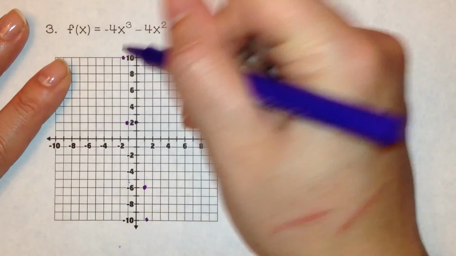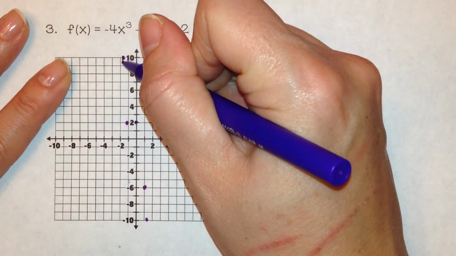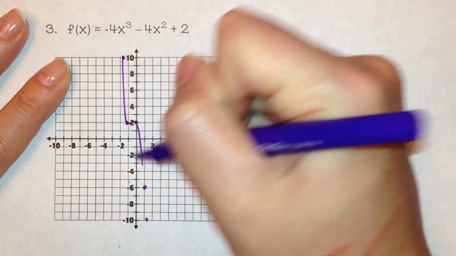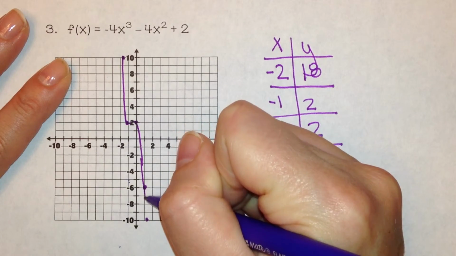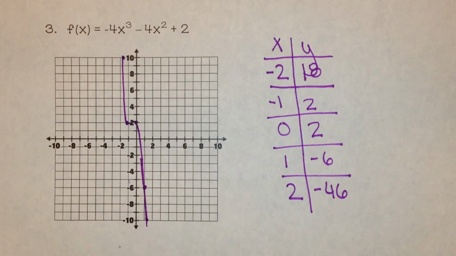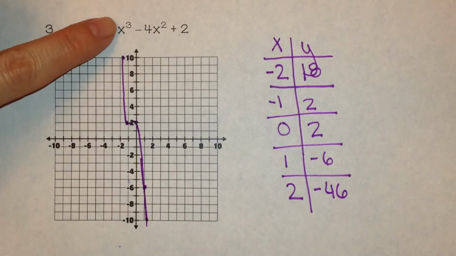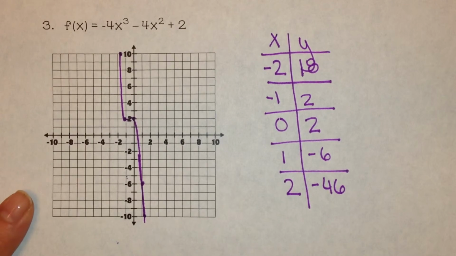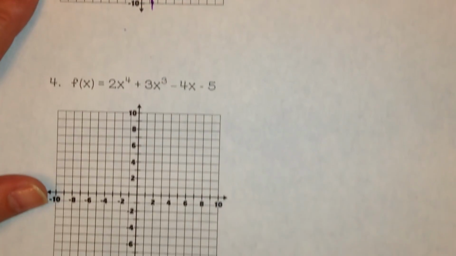Okay, again, I'm going to connect my points, try to be curved, no sharp corners. This is about what it looks like. I only had one x-intercept, and I can see that my degree is odd and my number of zeros is also odd.